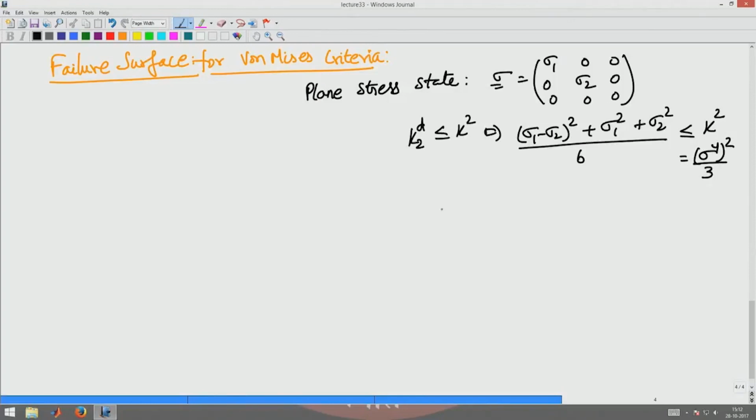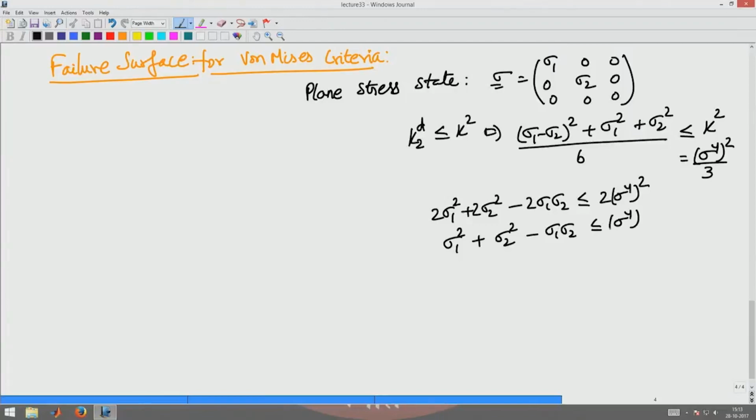In other words, I have 2 sigma 1 square plus sigma 2 square minus 2 sigma 1 sigma 2 must be less than or equal to 2 times sigma y square. So, this in other words boils down to sigma 1 square plus sigma 2 square minus sigma 1 sigma 2 must be less than or equal to sigma y the whole square.